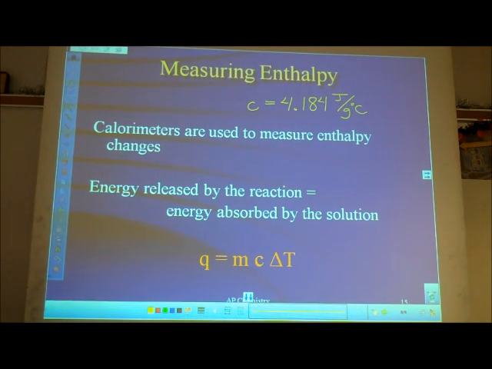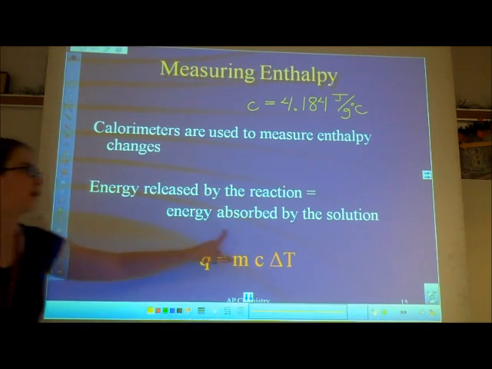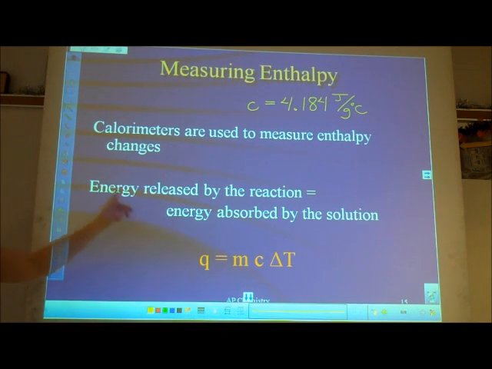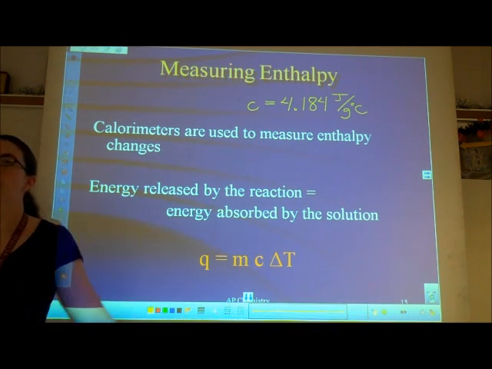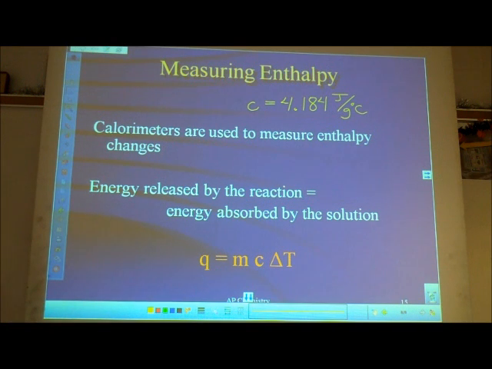Well, ladies and gentlemen, all of what I have just said is just a roundabout way to say that when you have two pieces of material at different temperatures and you put them in contact with one another, one of them will be releasing energy, one of them will be absorbing, and those values are equal.